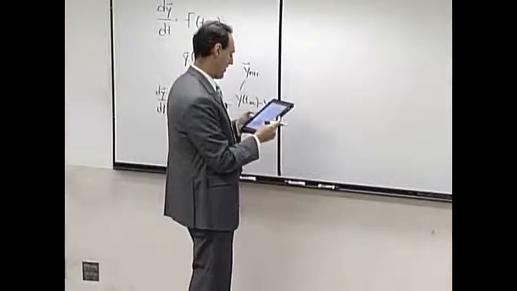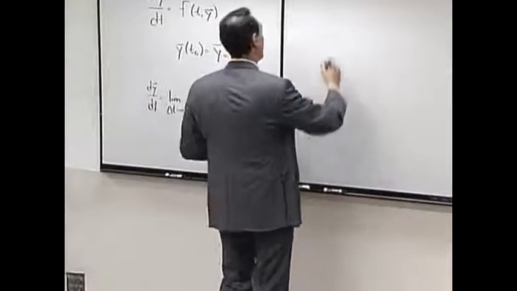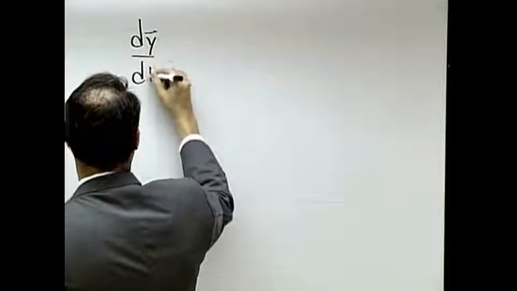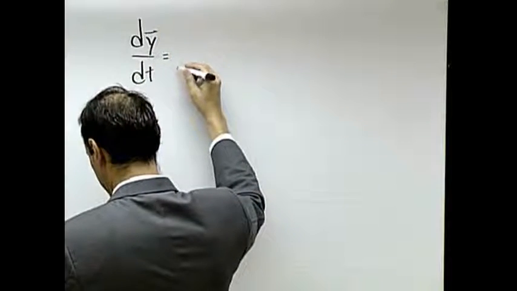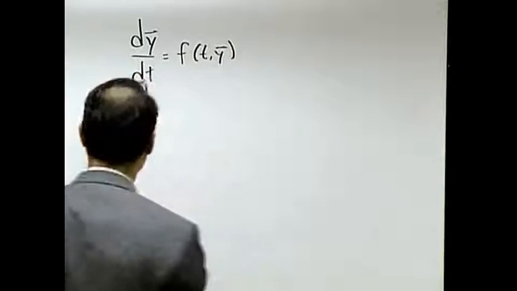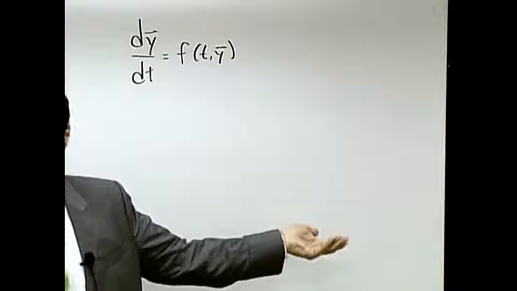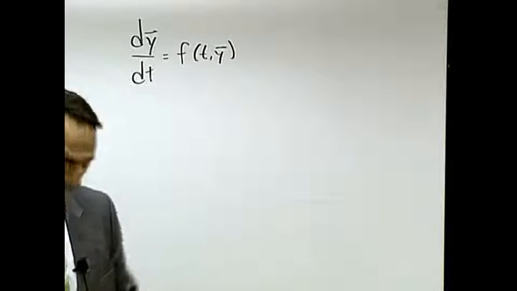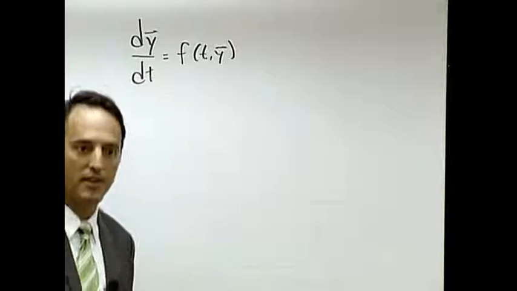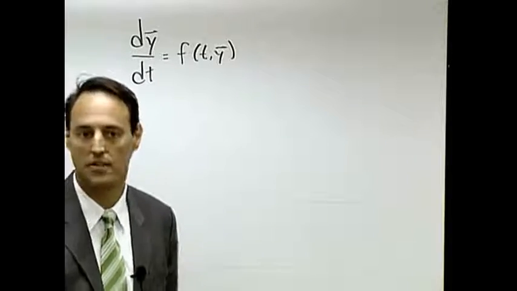Let's start off with the definition of derivative. If I write this differential equation and I integrate both sides, then if you integrate a derivative, the integral undoes that derivative.